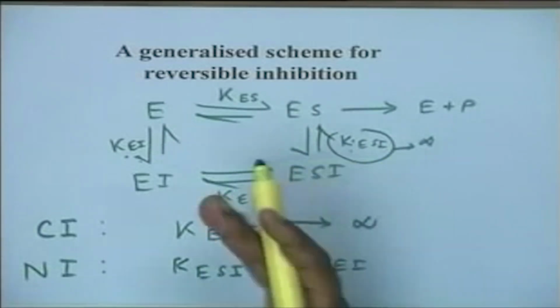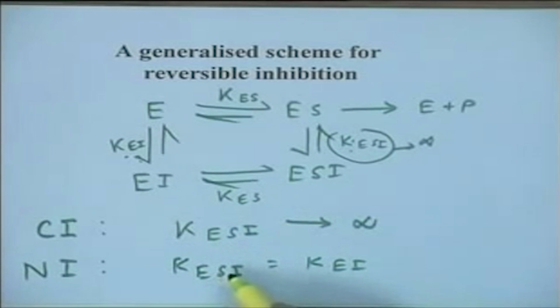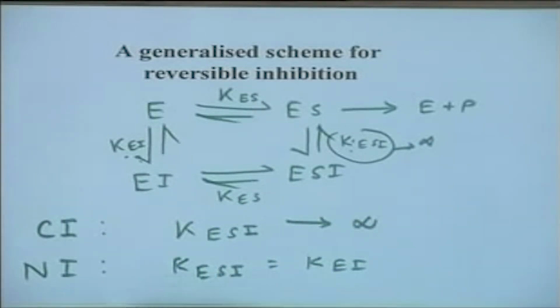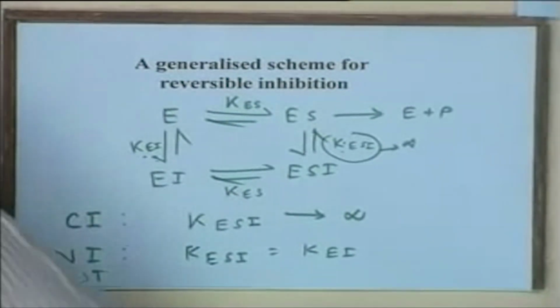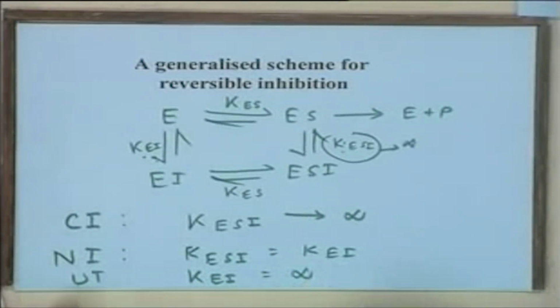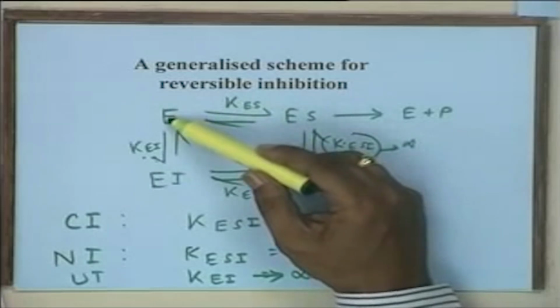In the case of a mixed inhibition, they are different by a factor alpha, and in the case of an uncompetitive inhibition, the magnitude of KEI is infinity, or rather tends to infinity. That means the inhibitor cannot bind to the free enzyme.